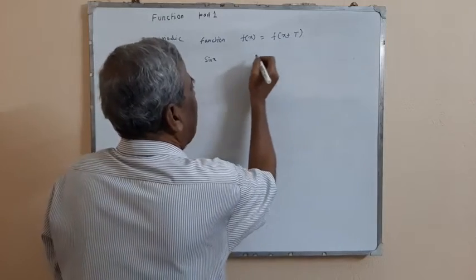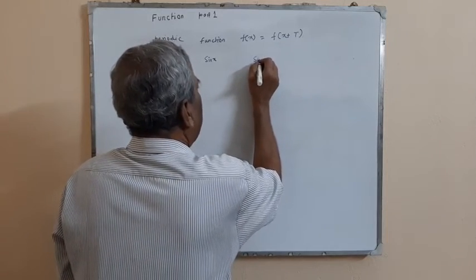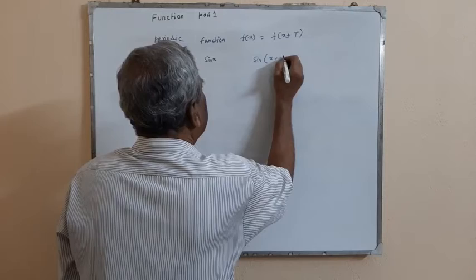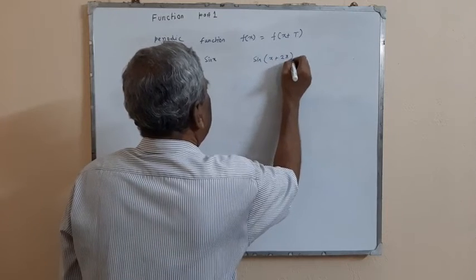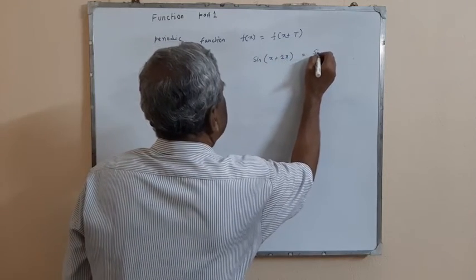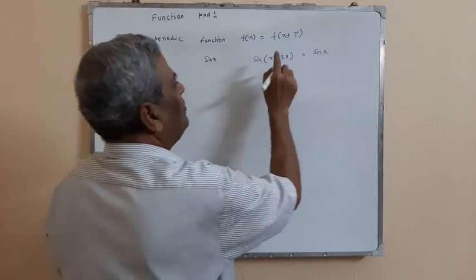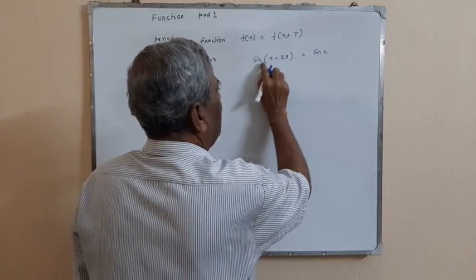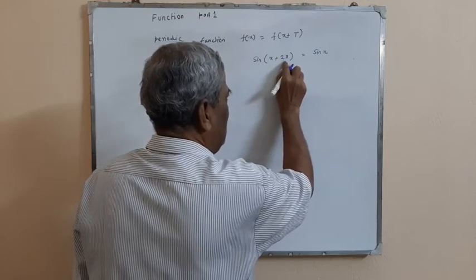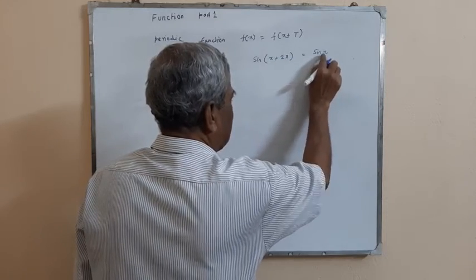And we know that sin(x + 2π) is equal to sin x. So it is of that type, f(x + T) is equal to f(x).